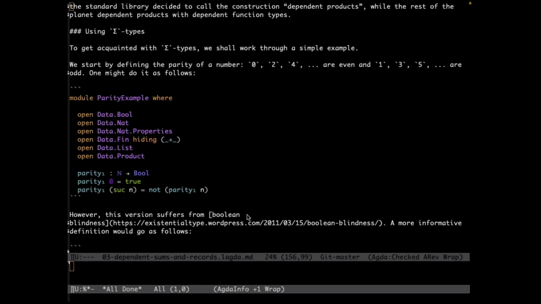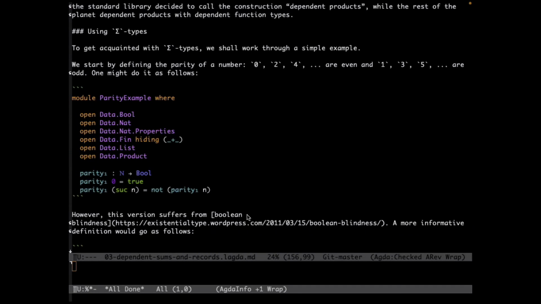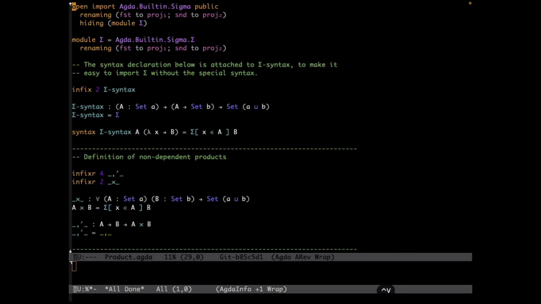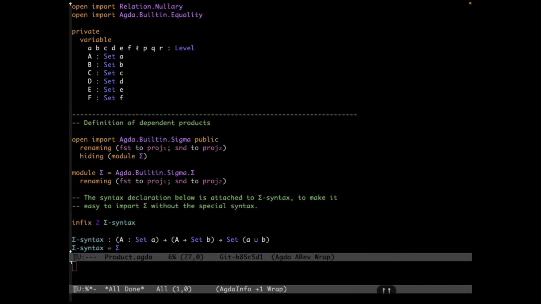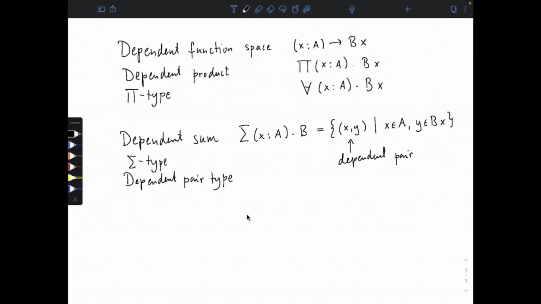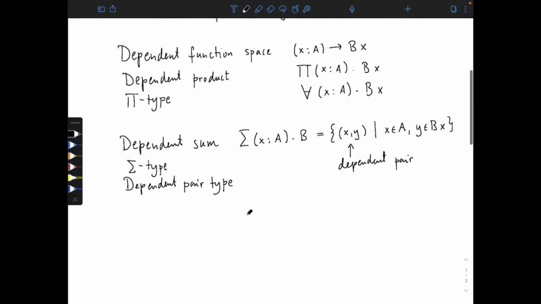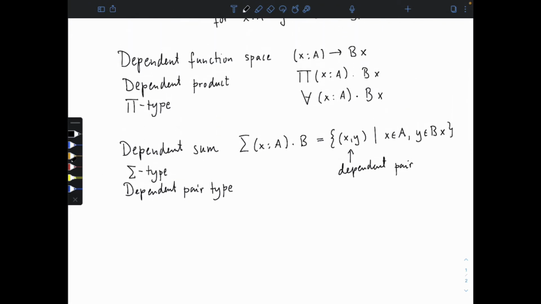So let's do this using Agda, and let's do something with it. Now, here is the unfortunate thing. In order to use dependent sums, you need to import products in Agda. And when you look at what this is doing, it says definition of dependent products, and then it's sigma. So they decided that this one also could be called dependent product.